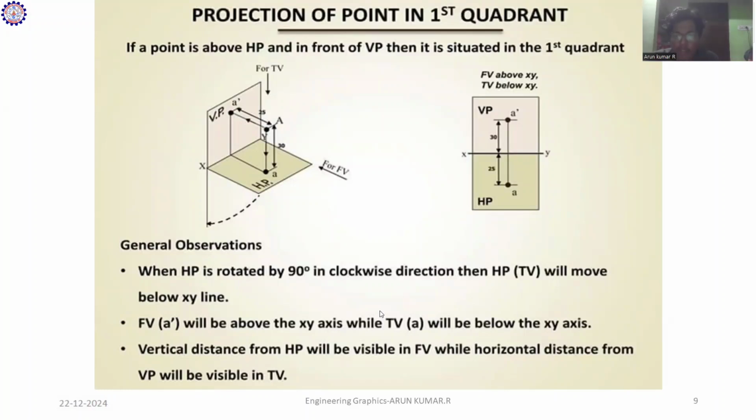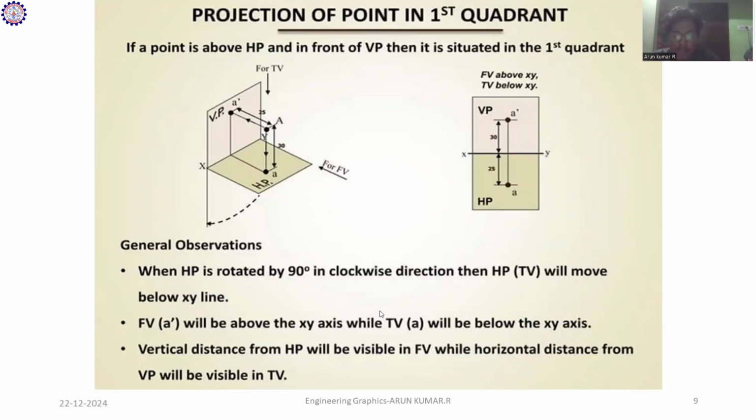The general observation: when the HP is rotated 90 degrees in a clockwise direction, the top view moves below the XY line. The front view A dash will be above the XY line, while the top view A will be below the XY line. This is for understanding the two-dimensional diagram.